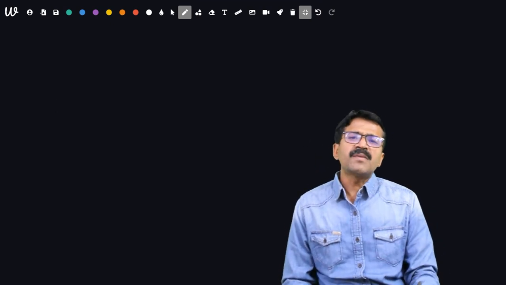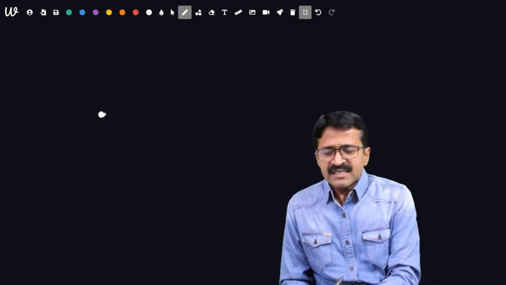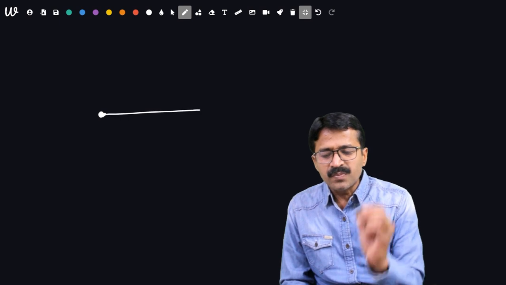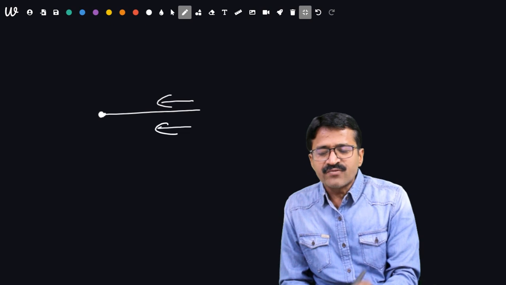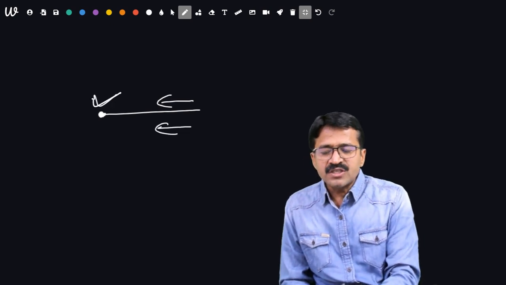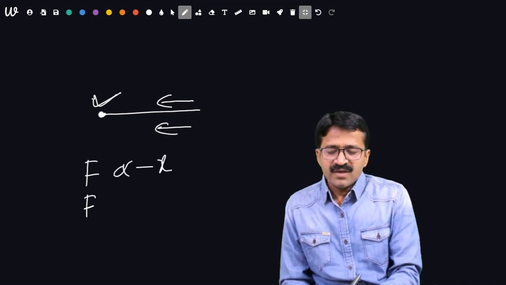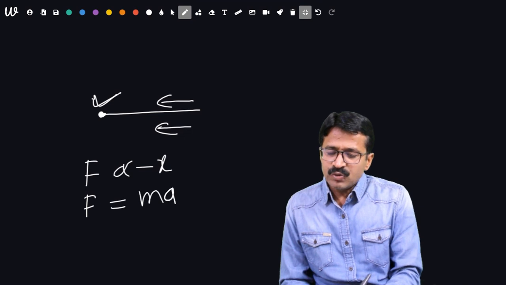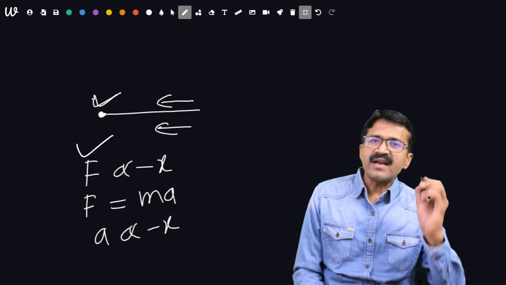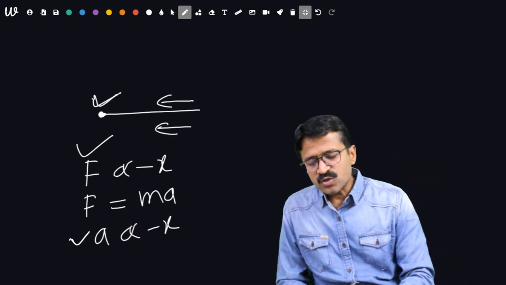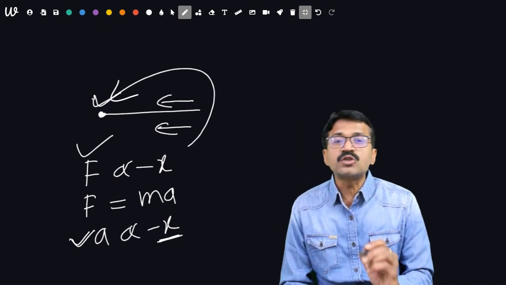Now, what about simple harmonic motion? Simple harmonic motion takes place about a mean position, but the acceleration and restoring force should be towards the mean position. That means F proportional to minus X, F is equal to M into A, then A proportional to minus X. The restoring force should be directly proportional to displacement and restoring acceleration should be directly proportional to displacement, but this should act toward the mean position.